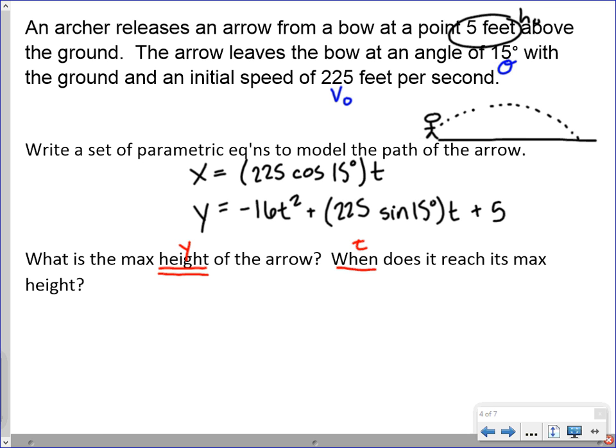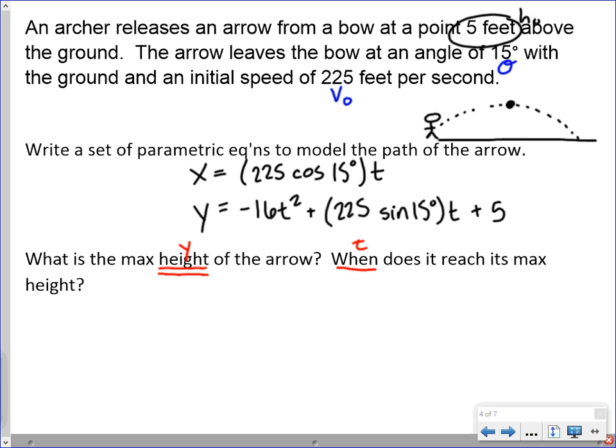And how would we find the max height? Can you picture where the max height is in the picture? Yes, right in the middle area, right? What do we call that in terms of the graph? Did you say midpoint? It's very close to the middle.